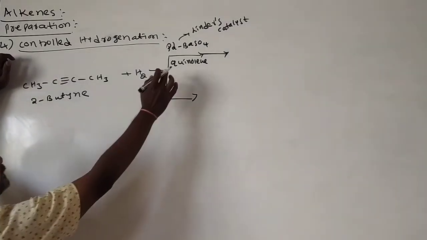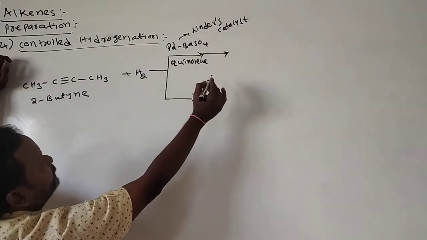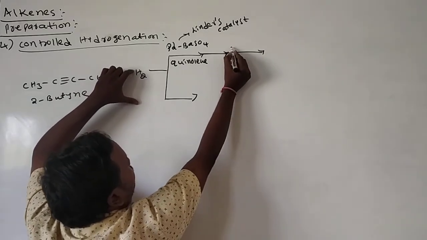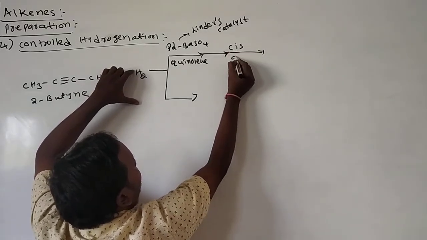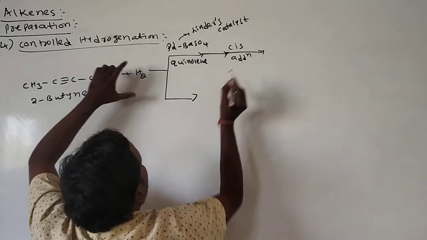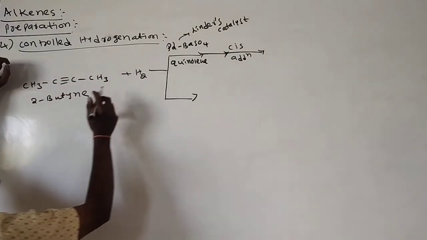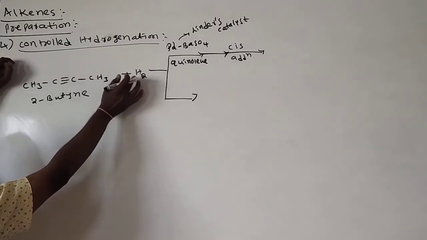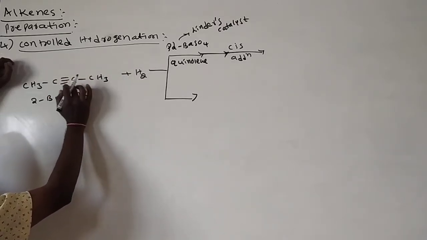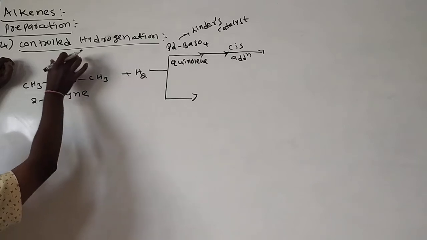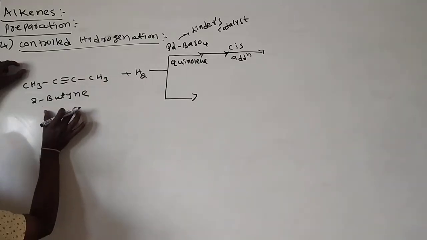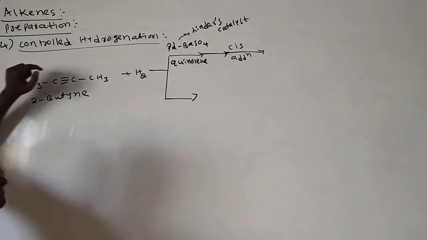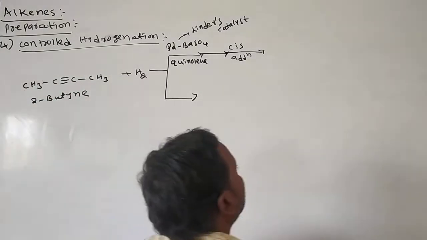In the presence of this palladium barium sulfate quinoline, we observe cis addition. Cis addition means hydrogen will add from only one side. Both the hydrogens will add to the carbon triple bond from one side, above the plane or below the plane, and form the cis compound.